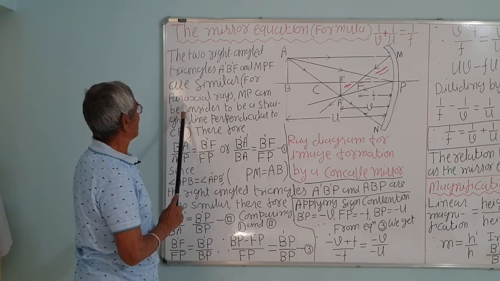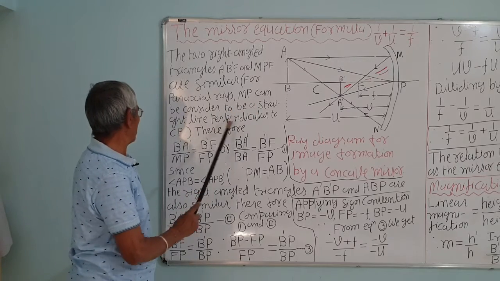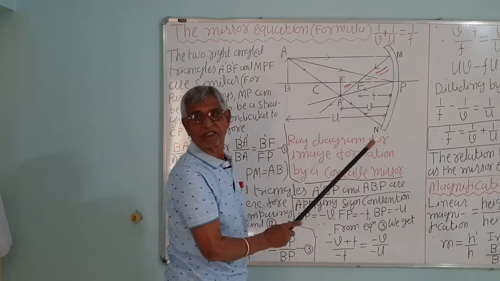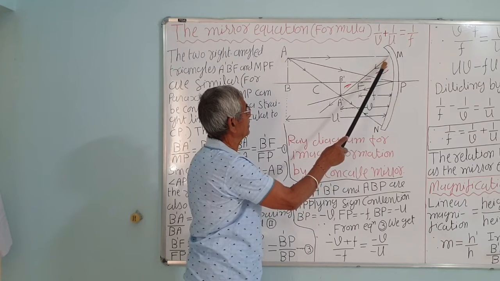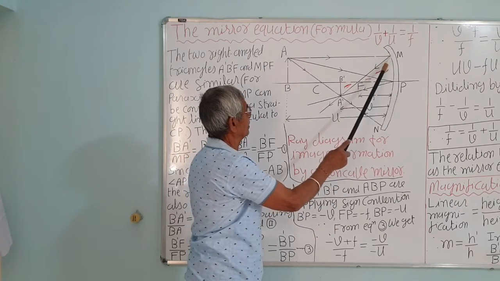Now, for paraxial rays, MP can be considered to be a straight line perpendicular to CP. Paraxial rays are rays very close to the principal axis. For convenience of study, I have taken them at a little larger distance.